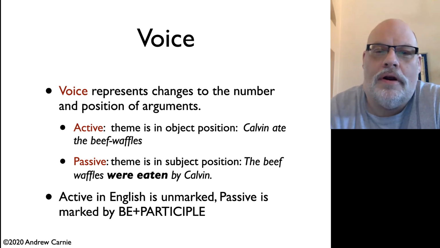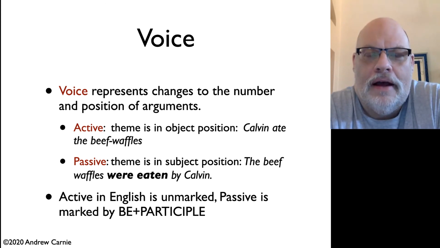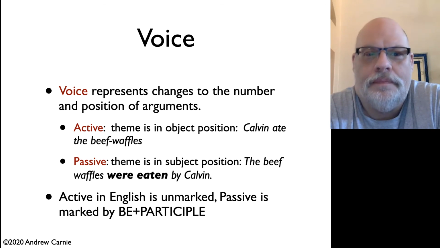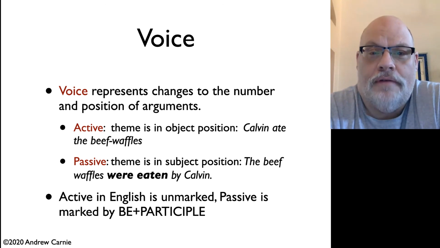Okay, one more distinction. This is the distinction known as voice, and I bring it up here because it intricately interacts with the aspect in the tense system. Voice represents the changes to the number and position of the arguments involved with a predicate.